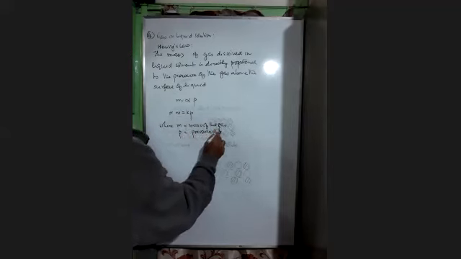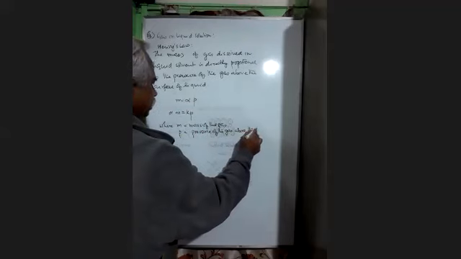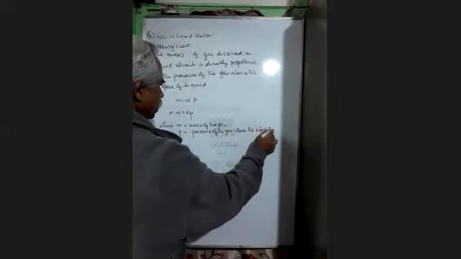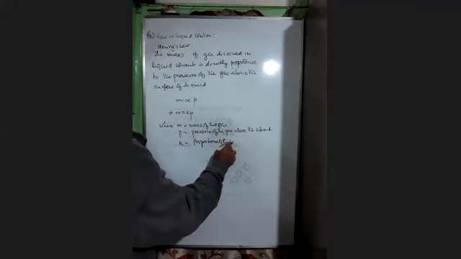Where m is the mass of the gas, P is the pressure of the gas above the solvent, then K is called the proportionality constant.